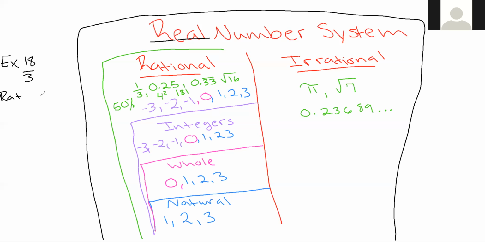It's rational. 18/3, if I reduce that, that equals 6. Well, 6 is also an integer. 6 is also a whole number. And 6 is also natural. So I'm just going through the steps. Let's say I have another example.